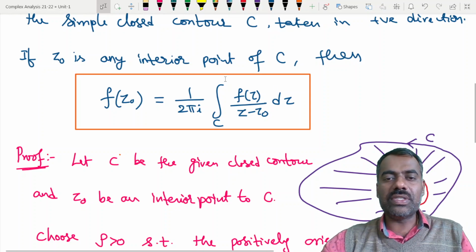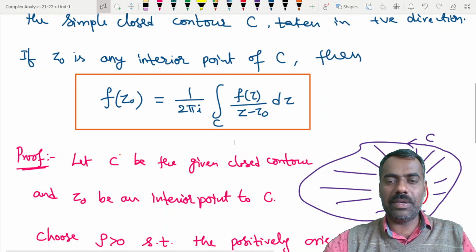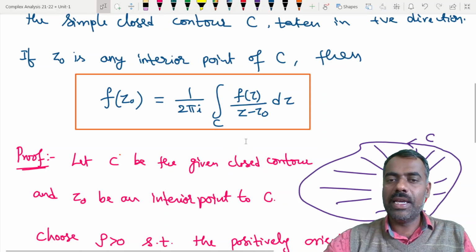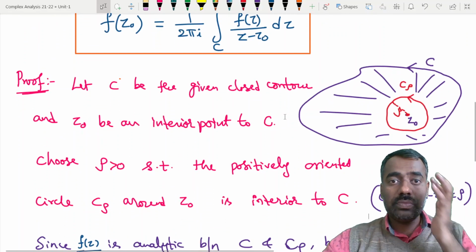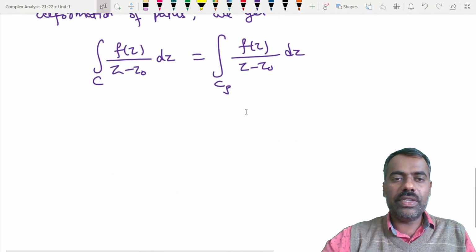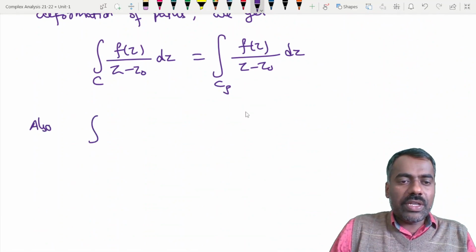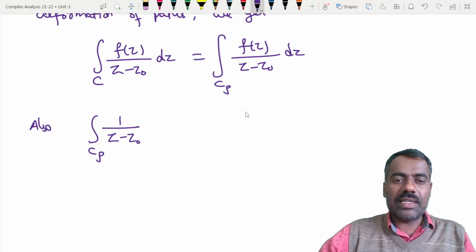That means we will look at the difference of these two. If we can make it less than some epsilon times something, where epsilon is any arbitrary epsilon greater than 0, then these two values will become equal. So for that we check this minus f of z naught. We can also observe what we can say about the integration over C rho of 1 by z minus z naught.